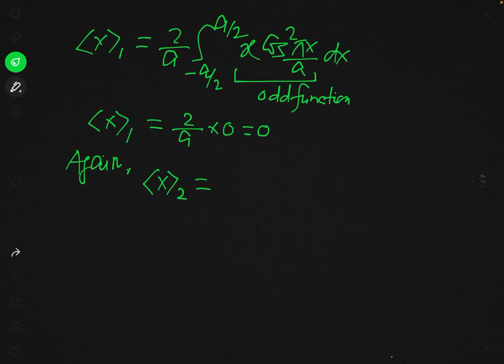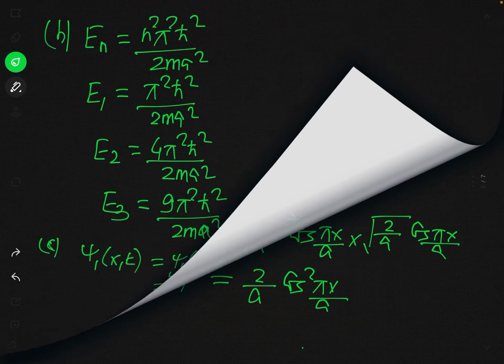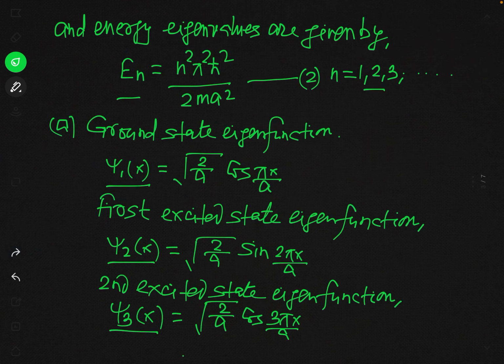Again you can see this will be in fact 2 over a times the integral from minus a by 2 to plus a by 2, and here we take the eigenfunction of the first excited state.